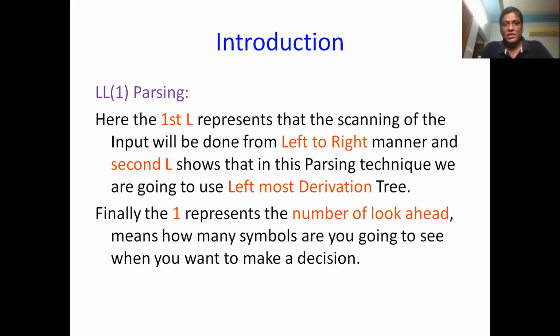And the 1 represents the number of look-ahead symbols used by the parser while deciding the action to be taken. So LL(1) means left to right scanning of the input string using leftmost derivation with the help of one look-ahead symbol. That is the meaning.